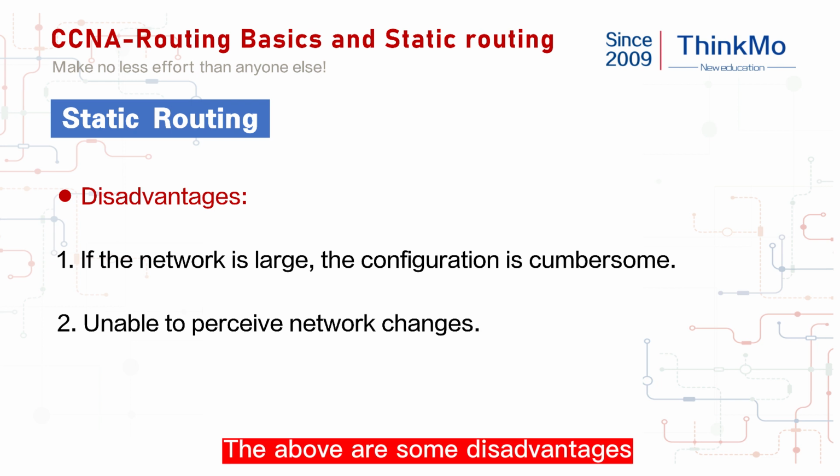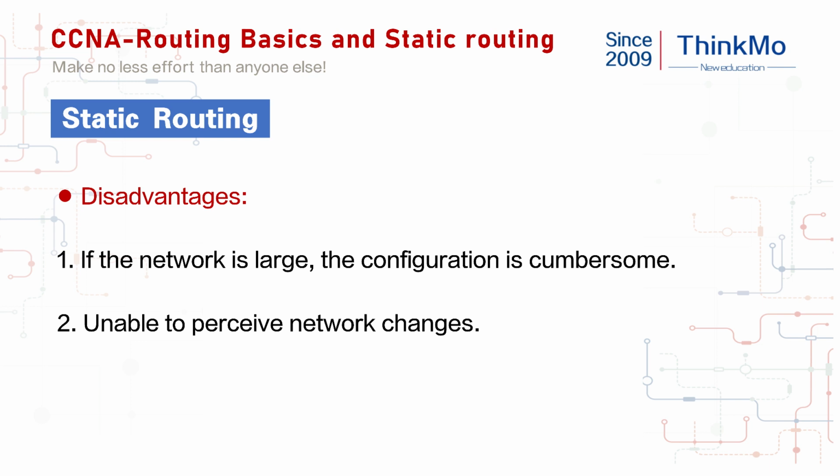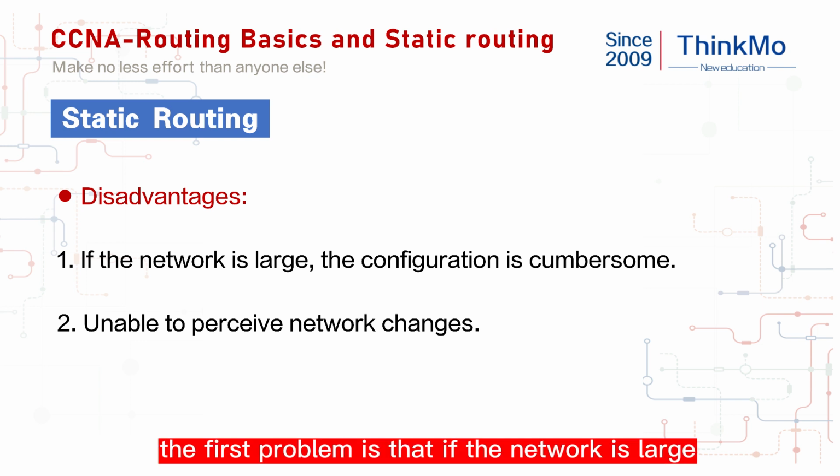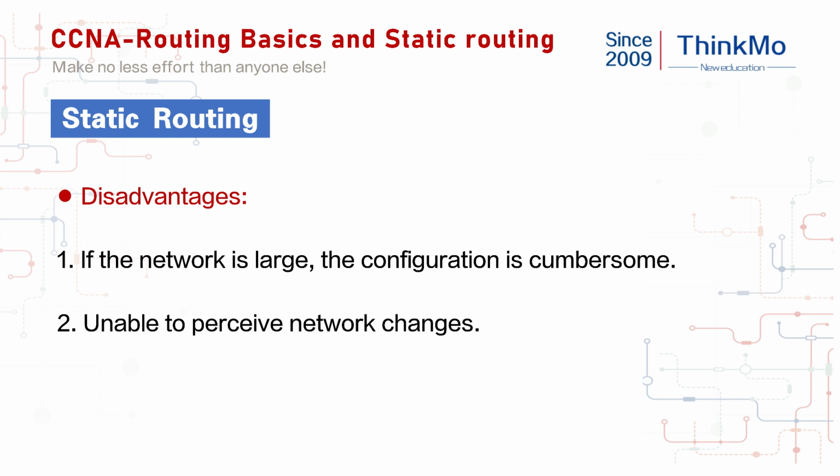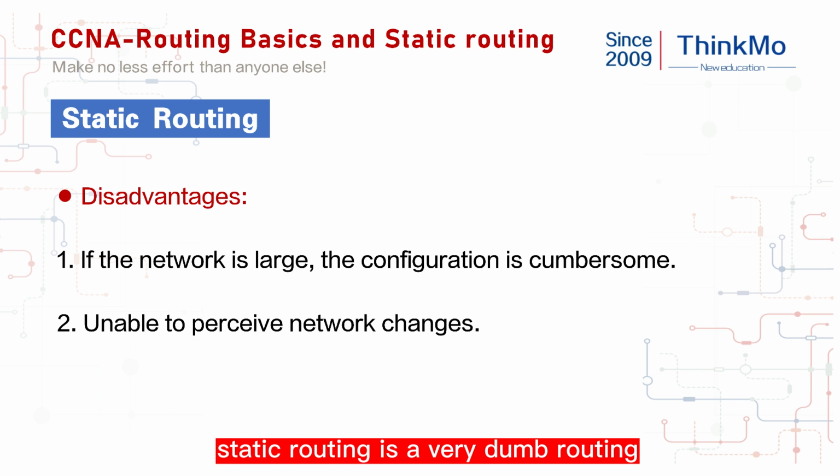The above are some disadvantages of the static routing we mentioned. The first problem is that if the network is large, the configuration is relatively cumbersome. Another problem is static routing is a very dumb routing. Because static routing is impossible to perceive the overall network changes.